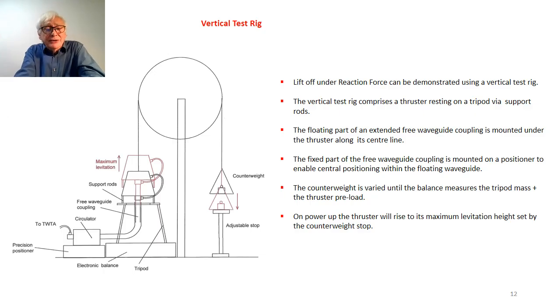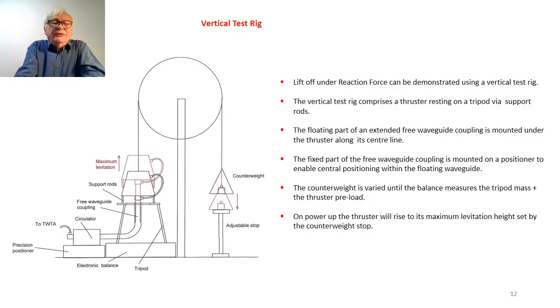Literally, the height is dependent on how long you can make the free waveguide coupling, which again is mounted in a vertical configuration. It provides a good demonstration of how, if you have a high enough Q and high enough power, you will eventually be able to use an EmDrive thruster as a launch vehicle.